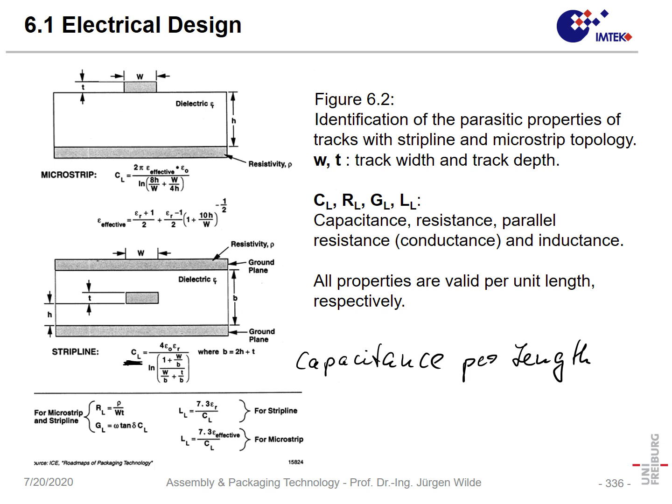So that is, in that case, proportional to the specific resistivity divided by the width of that conductor and the thickness of that conductor. Here we can see that's the width, and that's the thickness. And in that way, the resistance can be computed easily. Also, we have a so-called conductance, which we will see in a second.